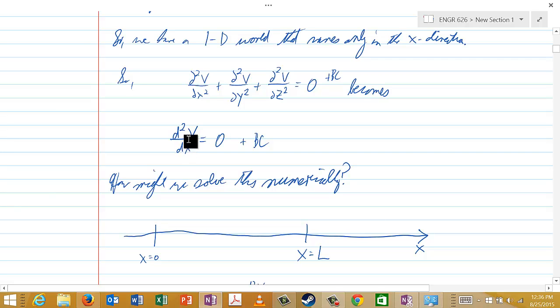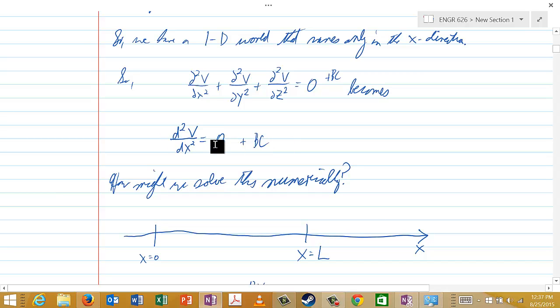The reason is that we've already assumed some time ago that v is not varying with respect to time, and now in this example we're also assuming that v does not vary with respect to y and z, so it's only varying with respect to one variable, x, and therefore this partial derivative becomes an ordinary derivative.